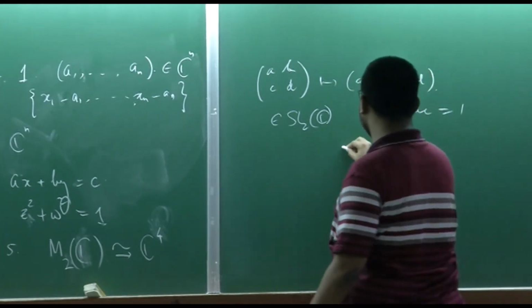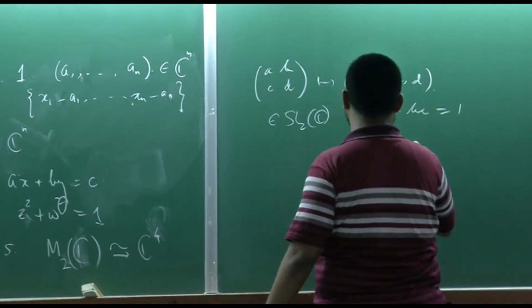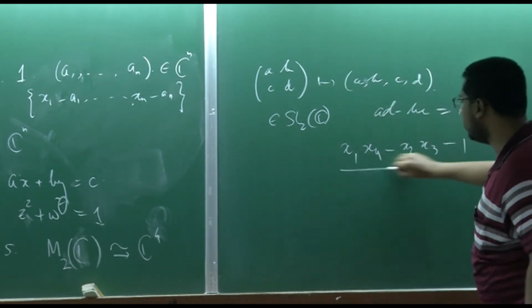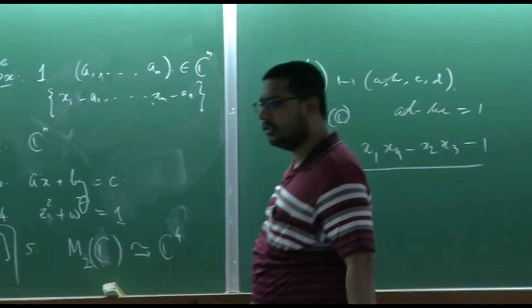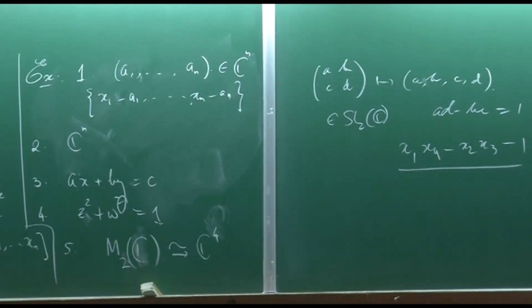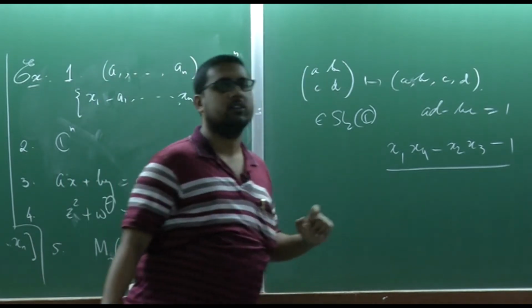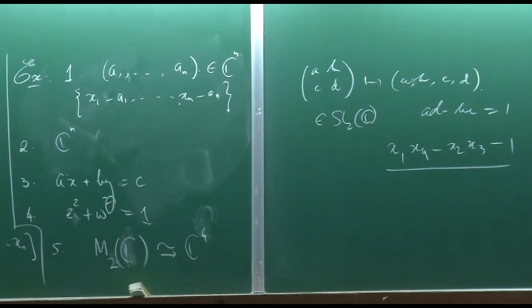So consider the polynomial x1 x4 minus x2 x3 minus 1. The zeros of this polynomial naturally get identified with SL2(C). Thus in this way we can perceive SL2(C) as a variety.